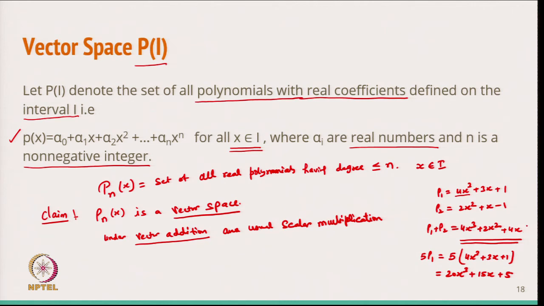So, you can see that this also belongs to the polynomial set P_n. Okay. So, this is the way two polynomials can be added, and this is the way we can have the scalar multiplication with the given polynomial. So, from here I have defined this operation, that is usual addition and usual scalar multiplication.